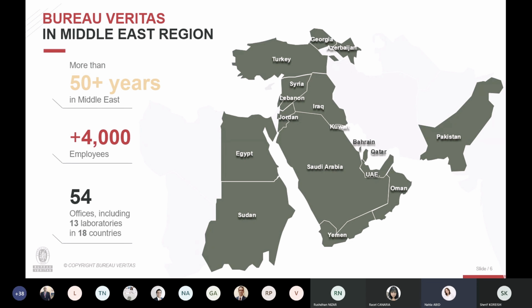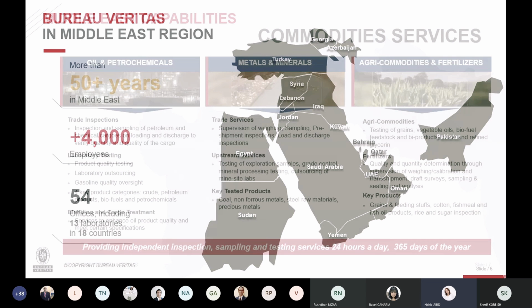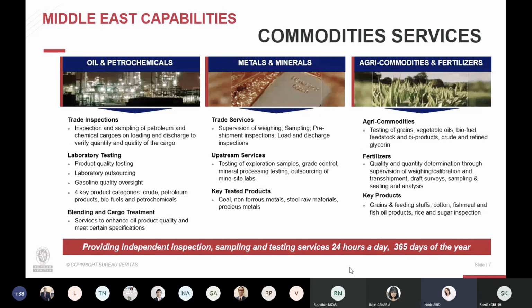In our commodities division, we offer testing services, sampling, and inspection 24 hours a day, 365 days a year. Our areas of expertise are oil and petrochemicals, so trade inspection, laboratory testing, blending, cargo treatment; metals and minerals, so upstream services and trade services; and agri-commodities and fertilizers, offering testing of grains, vegetable oils, water quality, and so on.